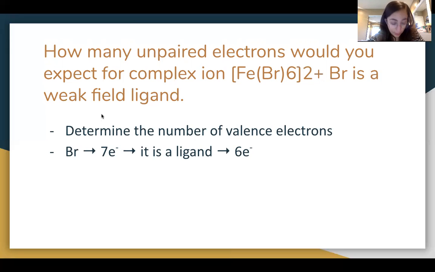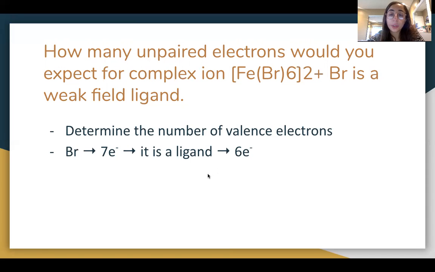First we have to determine the number of valence electrons. We know bromine is right next to the noble gases, right? So it would have 7 valence electrons. However, we know that it's a ligand, which means it uses one pair of these electrons to bind to iron, so it would give you 6 valence electrons.